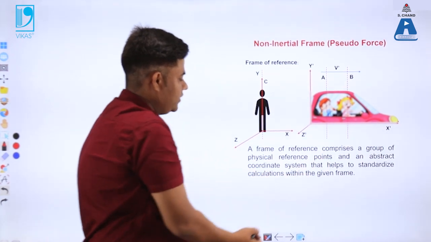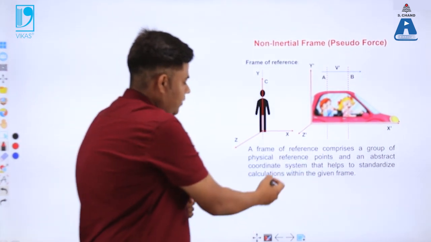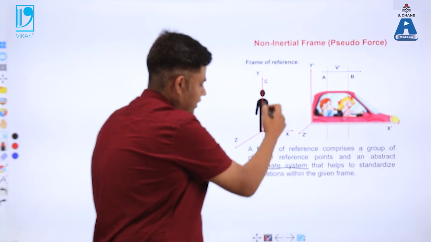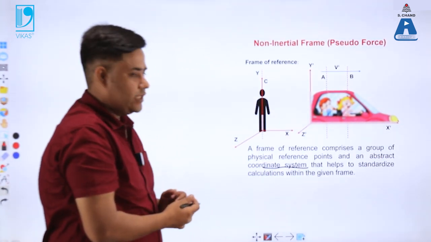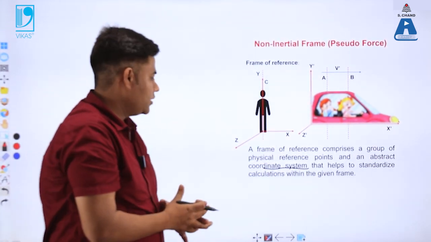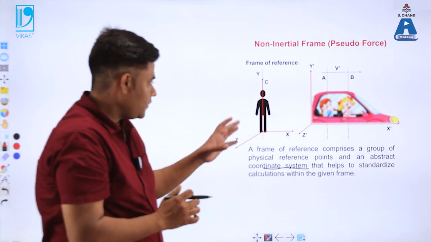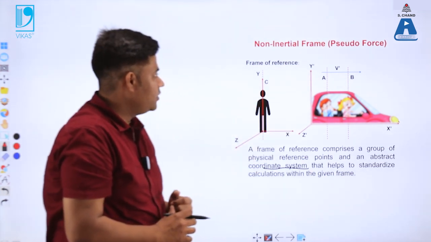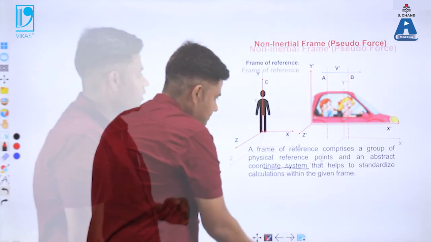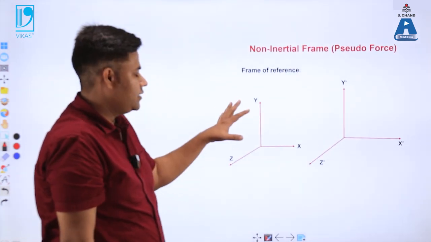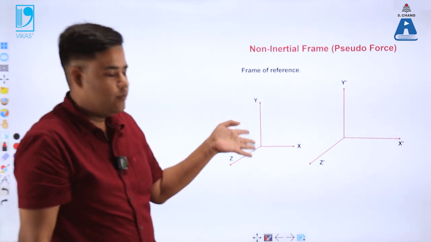So the frame of reference, as I have told you, is particularly the coordinate system which is associated with a particular body, and that is helpful in calculating the positions of a particular body with respect to some other body. Now, coming to the frames of references that I have just elaborated.